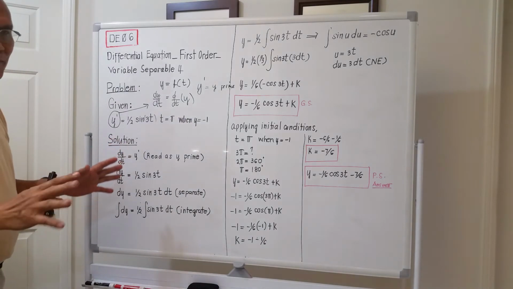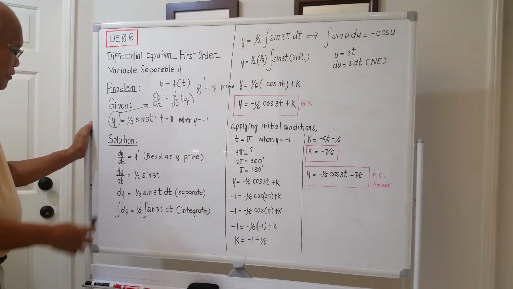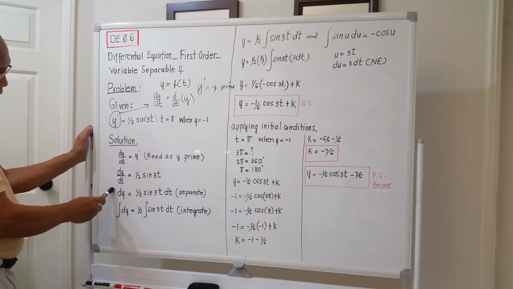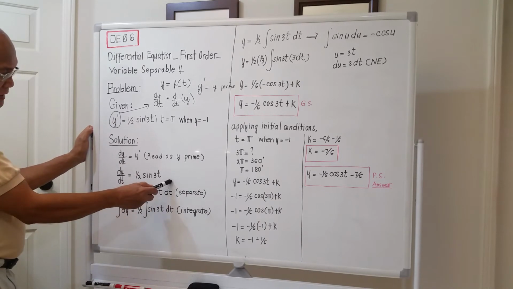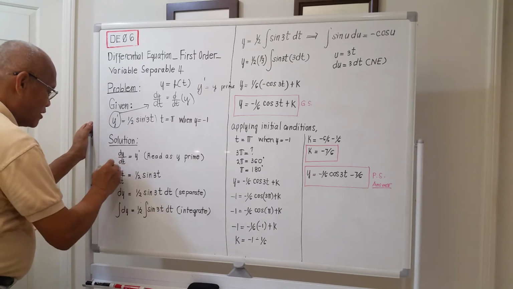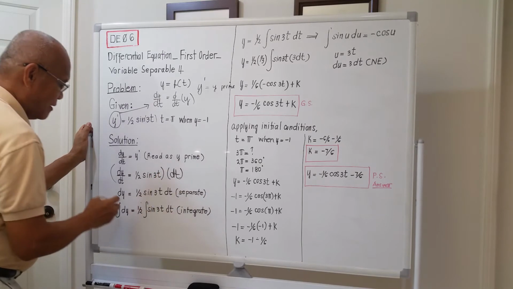So I think this is the first time that I introduce y prime to be the first derivative. So replacing y prime by dy over dt equal to 1/2 sine of 3t. Okay, then we try to separate the variables by multiplying all the terms by dt. This cancels.